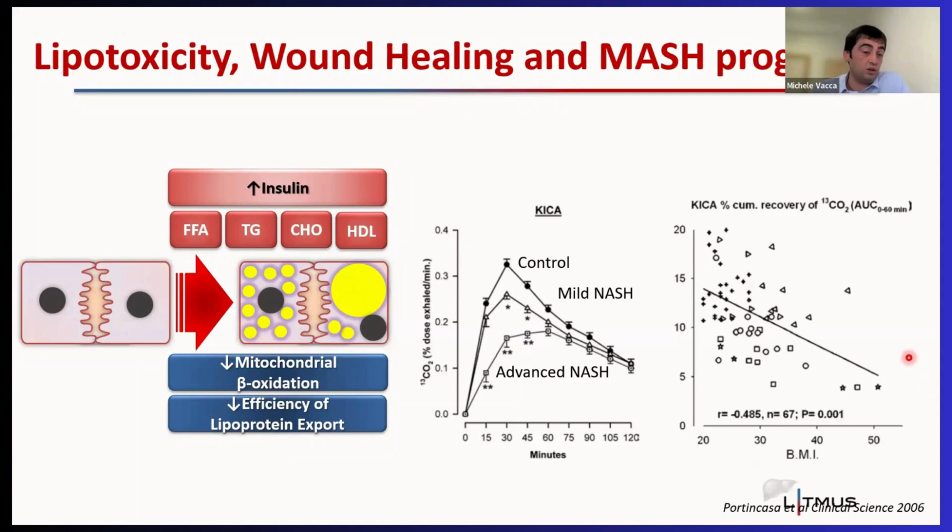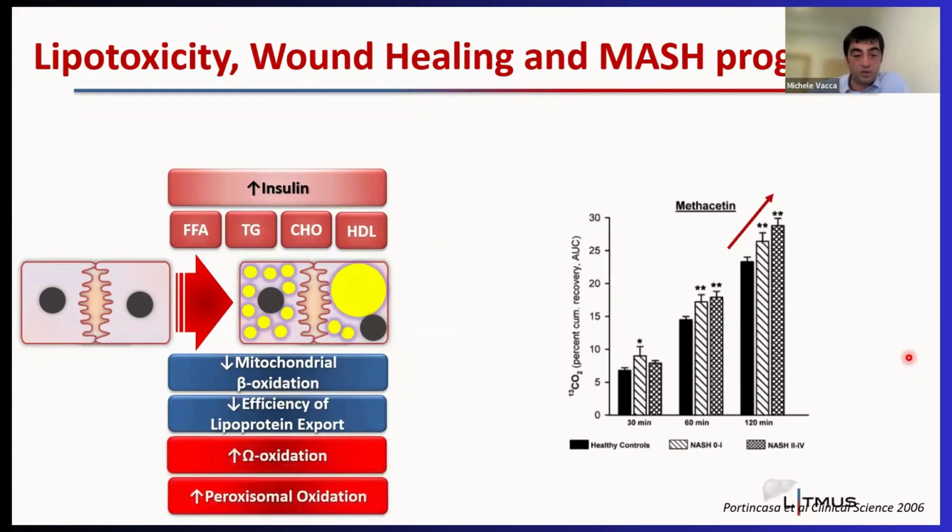And as a result of this, the hepatocytes will try to counteract this suppressive mechanism by activating some extra-mitochondrial oxidative processes, which are known as omega oxidation for very long chain fatty acids and peroxisomal oxidation, that have two issues. The first one is that from an energy perspective, they are less efficient. They produce less ATP.